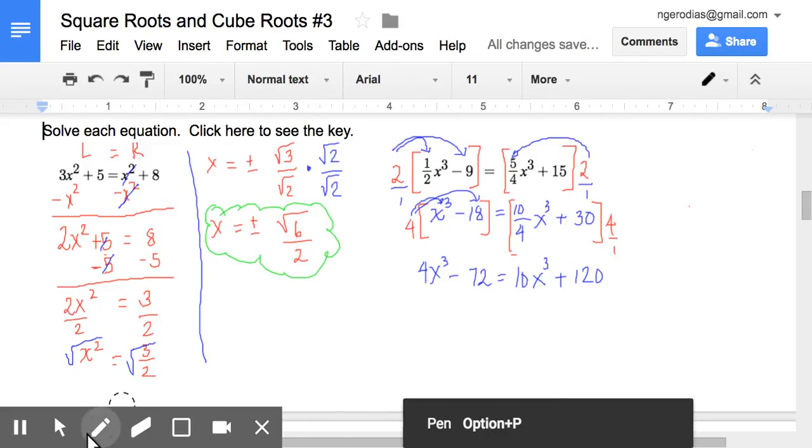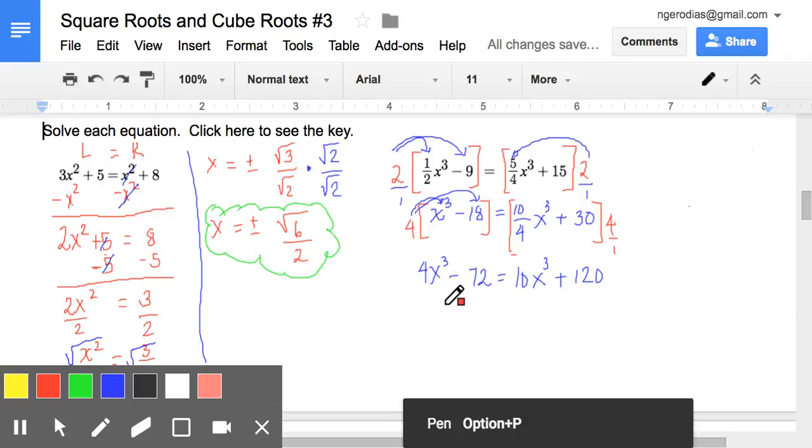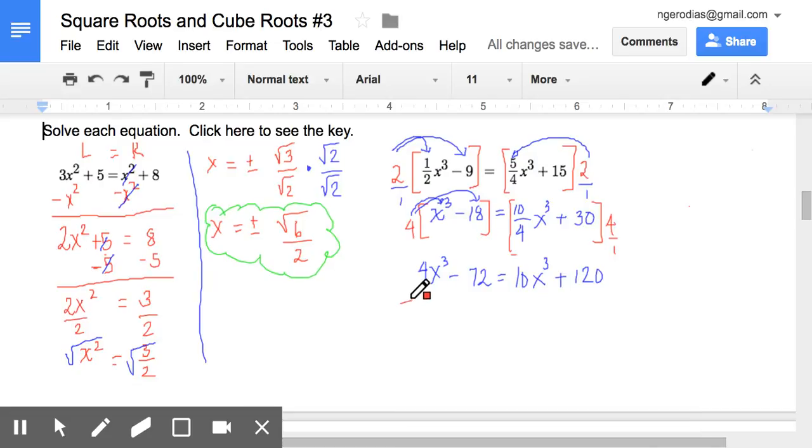So, okay, so to do that, I'm going to start off with taking away 4x cubed. I'm going to take 4x cubed from both sides. I can decide to take away 10x cubed, but here, because I don't want to see negatives, I'll take away 4x cubed instead of 10x cubed.